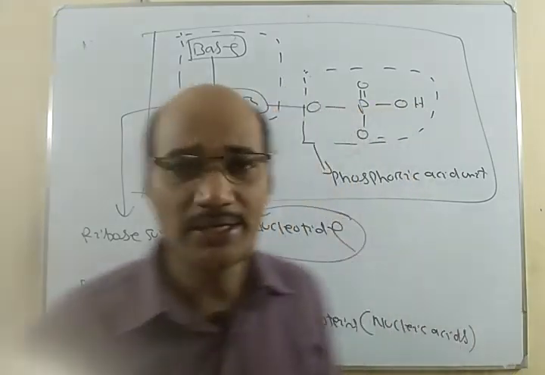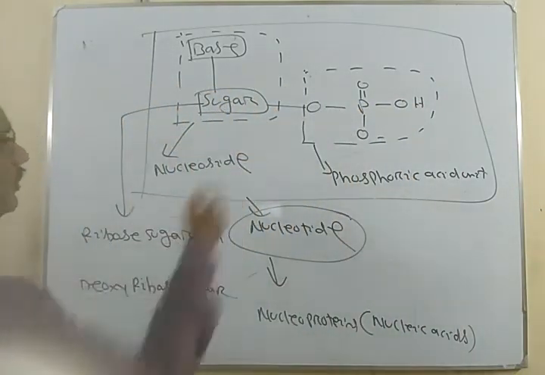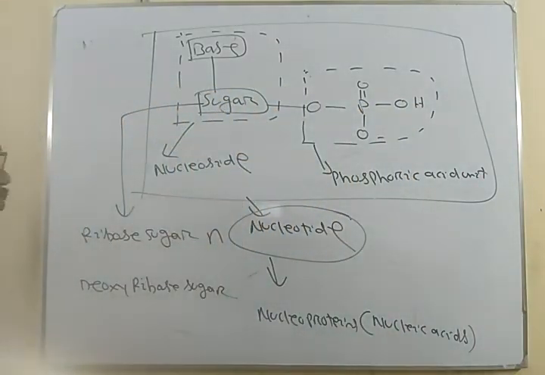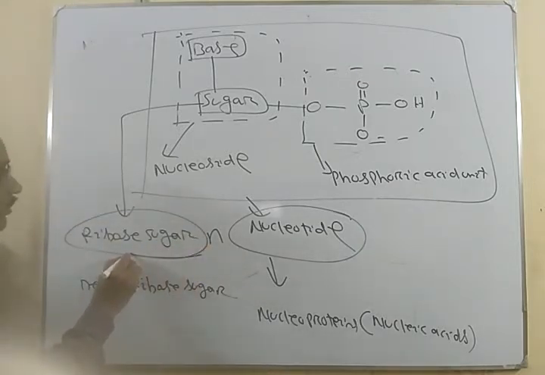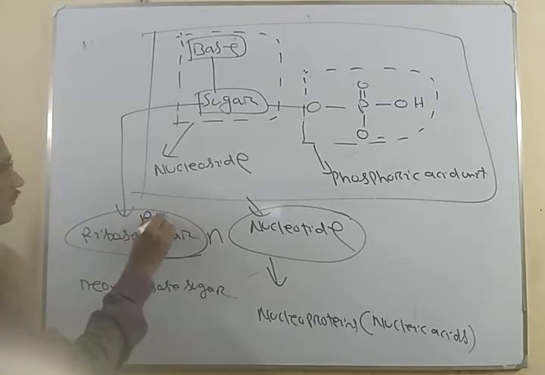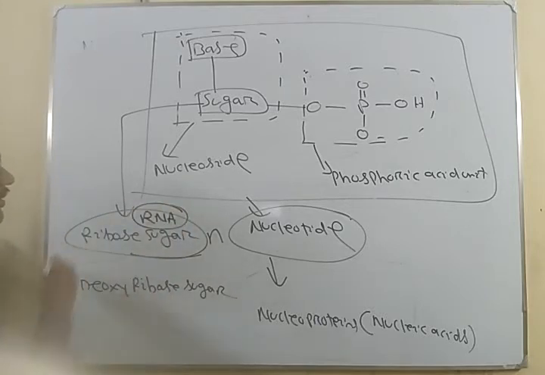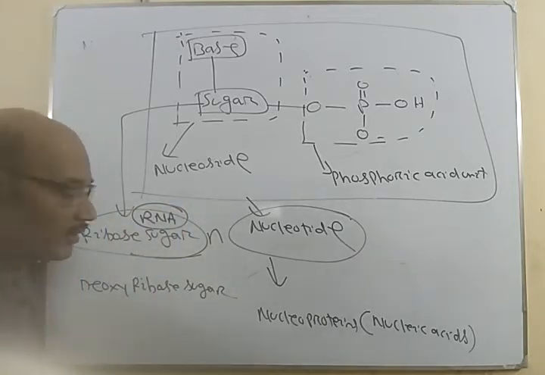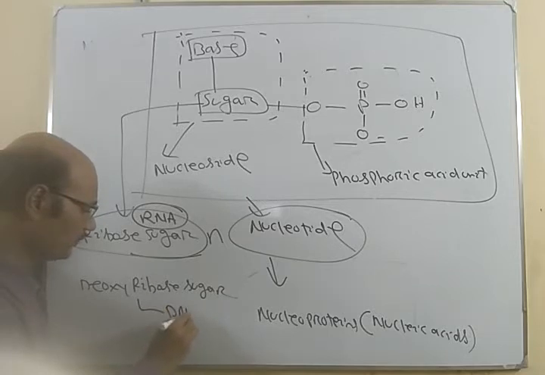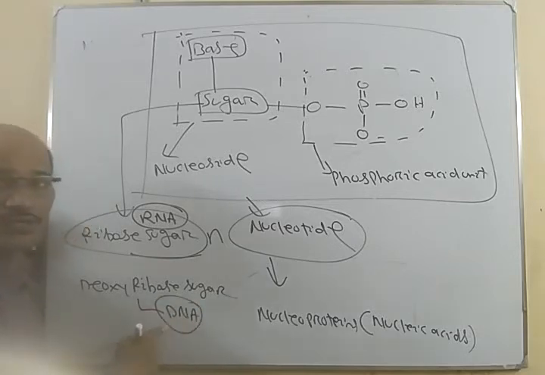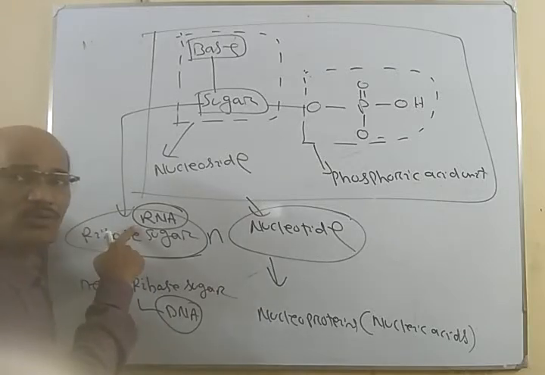Okay, and accordingly we have two kinds of nucleic acids. So when the sugar is ribose sugar, we call it what? RNA. And when we have the deoxyribose sugar, it is called DNA. This is called deoxyribonucleic acid. This is called ribonucleic acid.